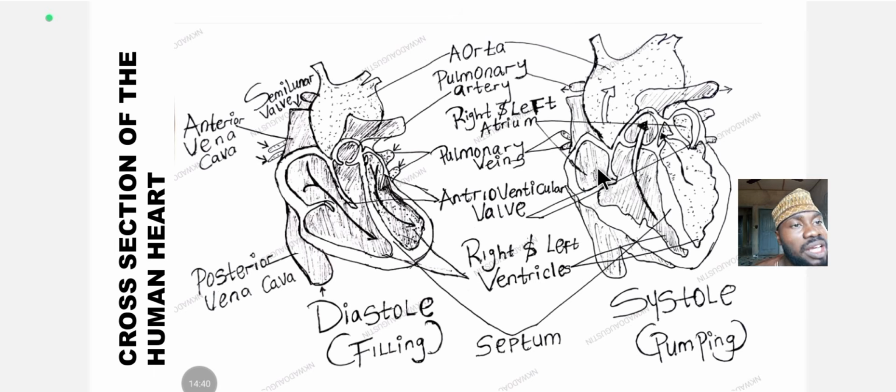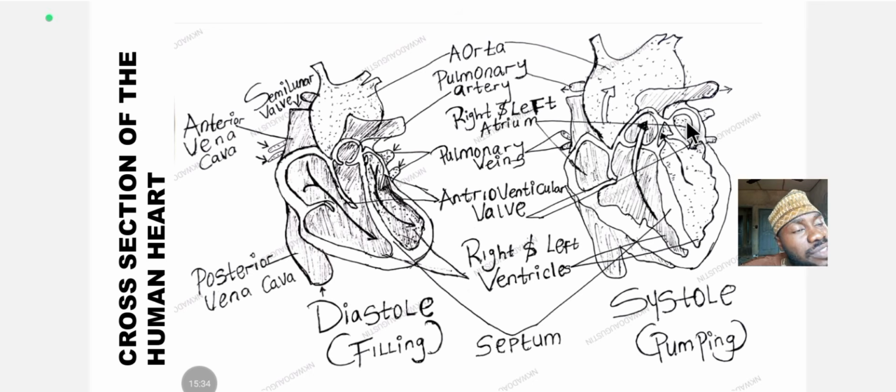Now, in between the atrium and the ventricle on both sides, here is atrium, here is ventricle, here is atrium, here is ventricle, in between them you have a gateway valve. On the right side of the heart, in between the right atrium and the right ventricle, you have a gateway called the atrioventricular valve. This atrioventricular valve controls the amount of blood that travels from this atrium to the ventricle.